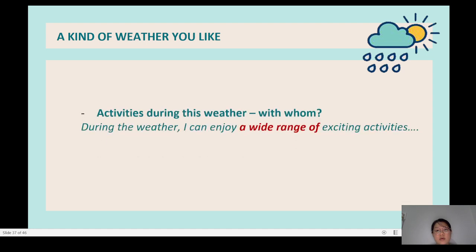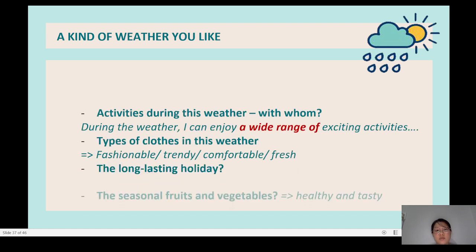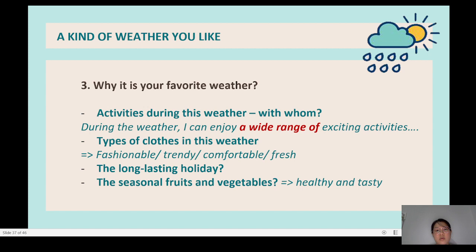Next, we will talk about why you consider it your favorite weather. First of all, you should state that this is your favorite weather with this sentence: For me, it is an ideal weather due to many reasons.